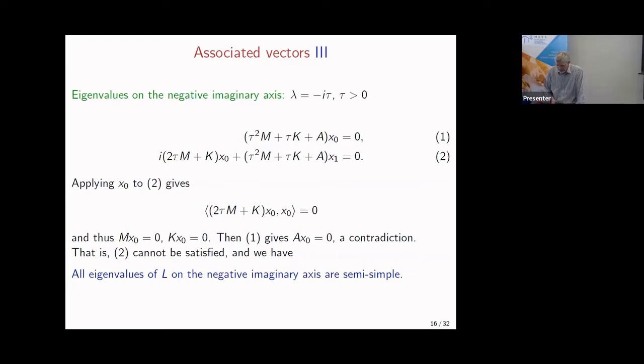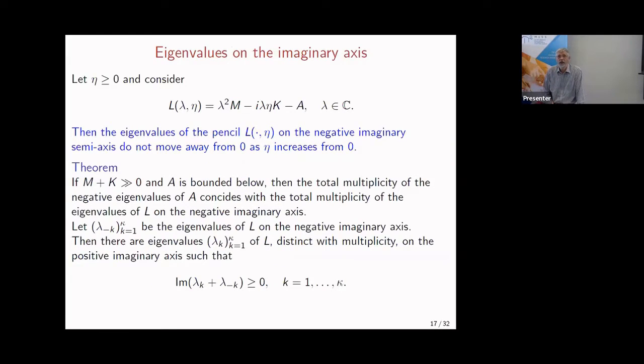And there's even another property of these eigenvalues. Eigenvalues on the negative imaginary axis, lambda minus k, let's say, can always be paired with an eigenvalue lambda k on the positive imaginary axis, so that the imaginary part of the sum is greater than or equal to 0.